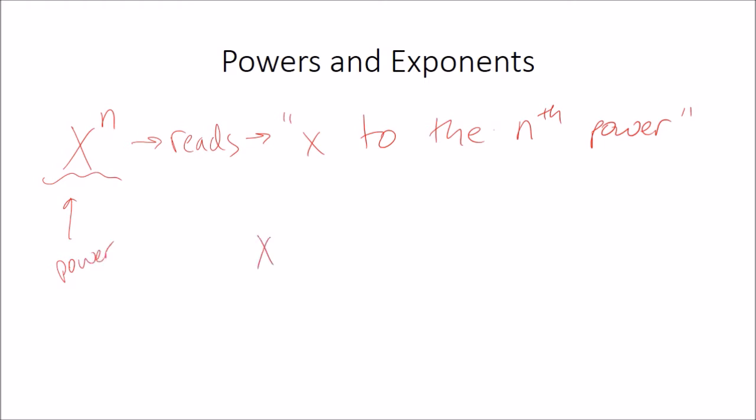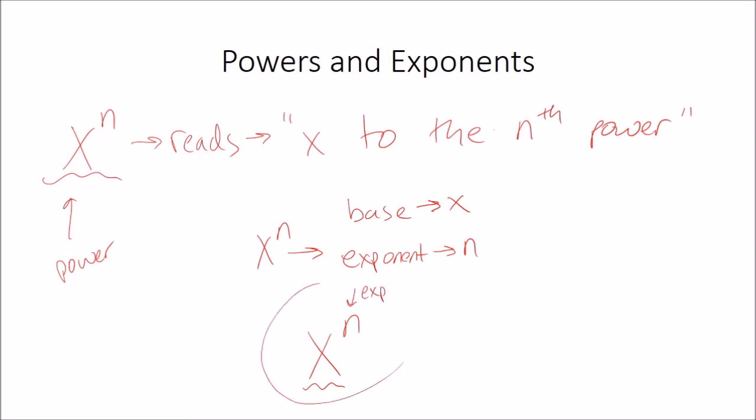If we break it down, we have a base, which is going to be x, and we have an exponent, which is going to be our n. So now we know that if we have a power, x to the n, this is the base, this is the exponent, and the entire thing is the power.